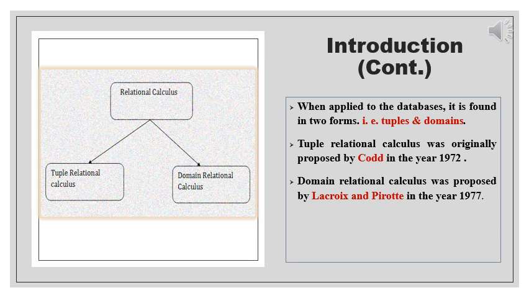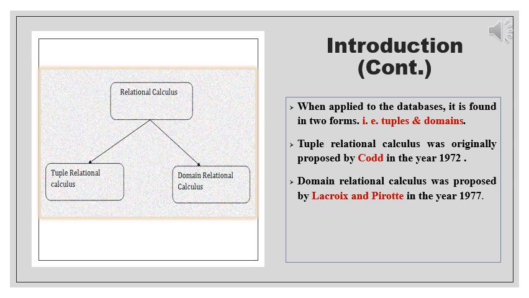Relational calculus is further subdivided into two major types. One is tuple relational calculus and another is domain relational calculus. You can see in the figure that relational calculus has two subparts, tuple relational calculus and domain relational calculus. When we apply it to the database, we find it in two forms, tuple and domain.